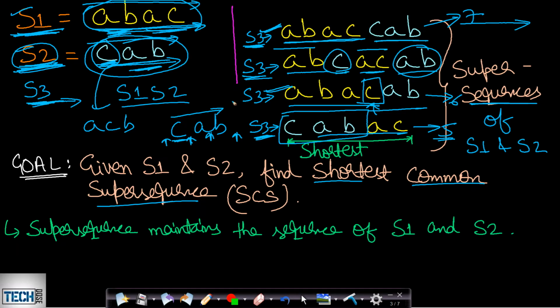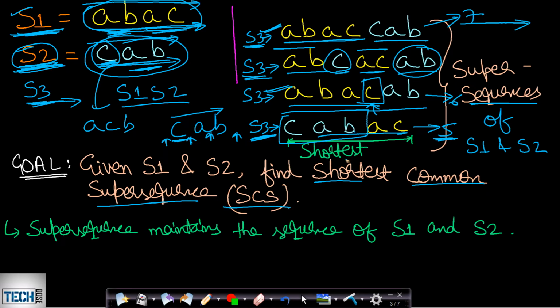Since both these strings are present as a subsequence in string S3, S3 is a supersequence of both these strings. And since S3 is of the shortest length possible for the supersequence of S1 and S2, you can say that CABAC, which is of length 5, is the shortest common supersequence.